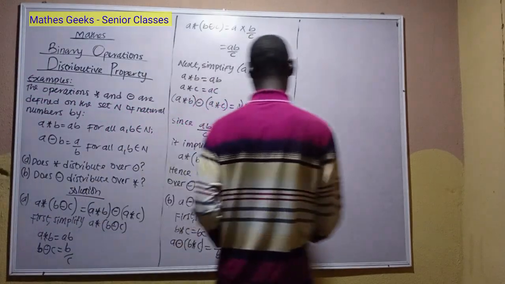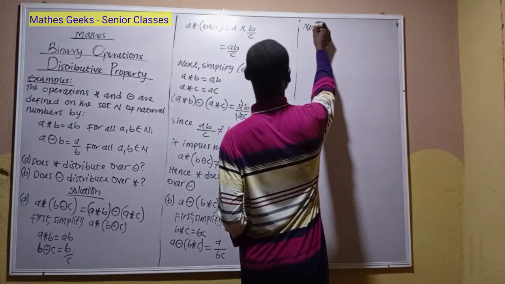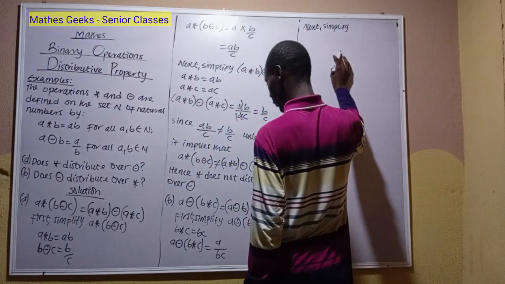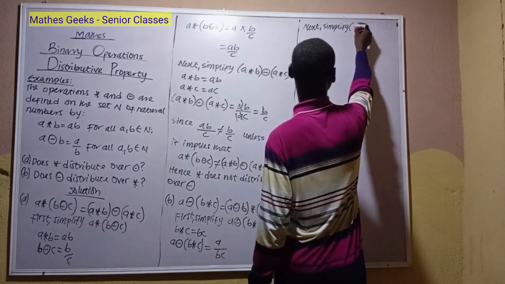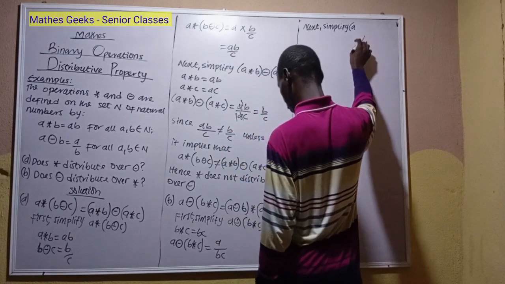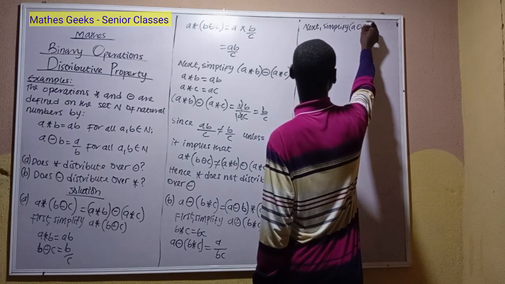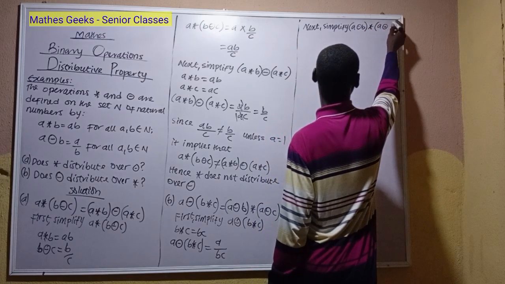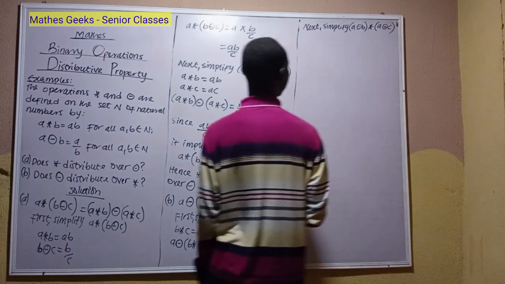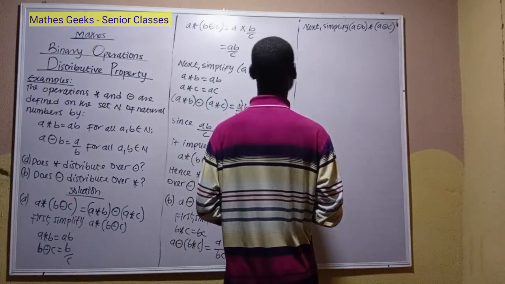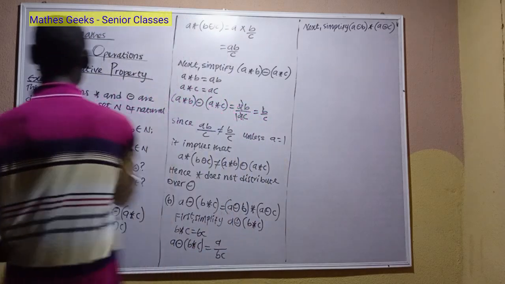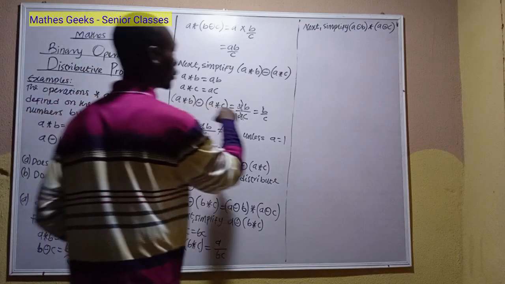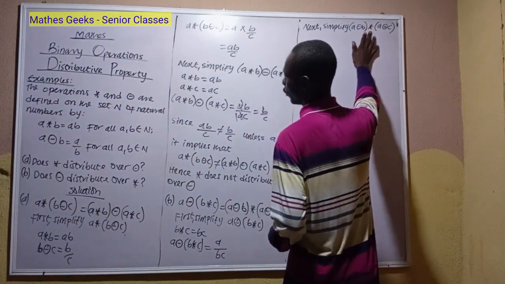Next, we're going to simplify A operation B star A operation C. Using this formula here, A operation B is A over B. When this star operation occurs, star is at the middle.